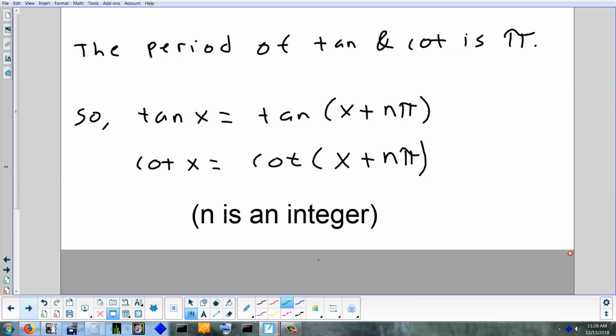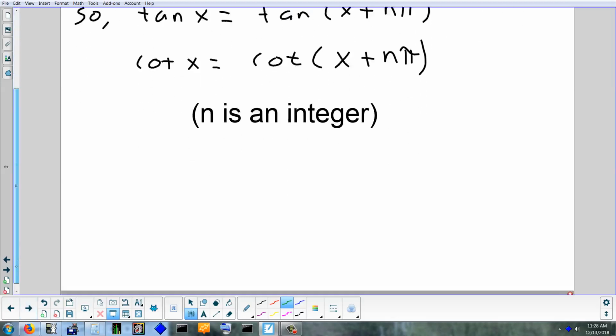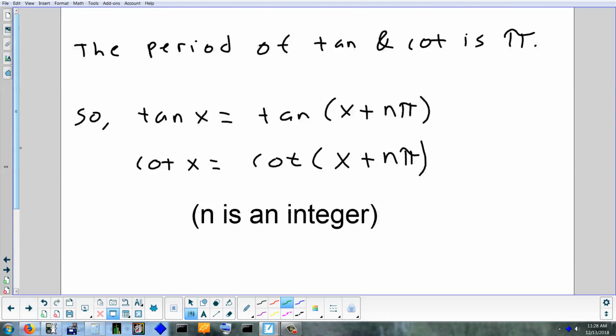So you could add 180 times 1. You could add 180 times 6, 180 times 10. What you can't do is add 180 times 1 1/3. It's got to be an integer multiple of 180, or pi. Okay, so any questions on that idea?